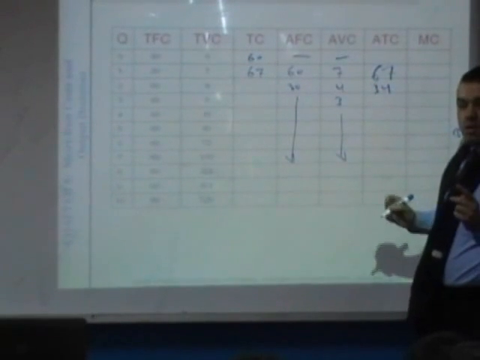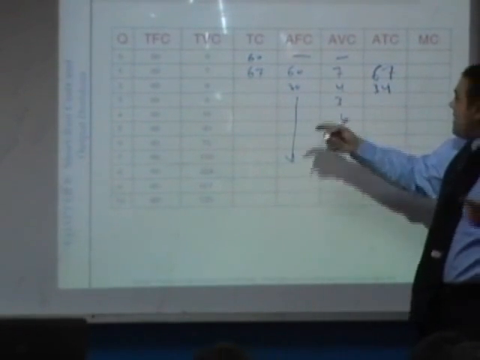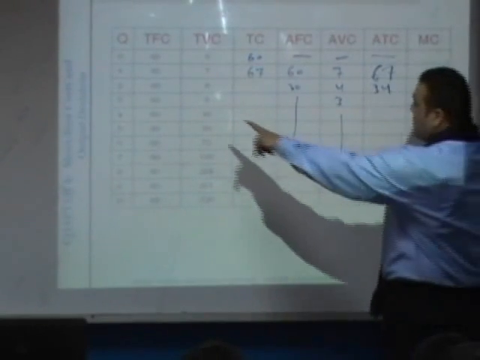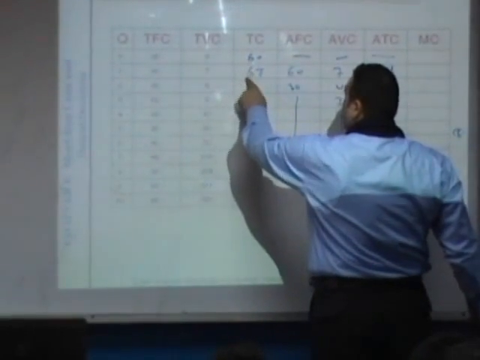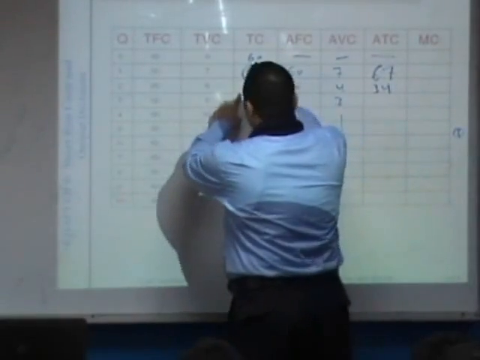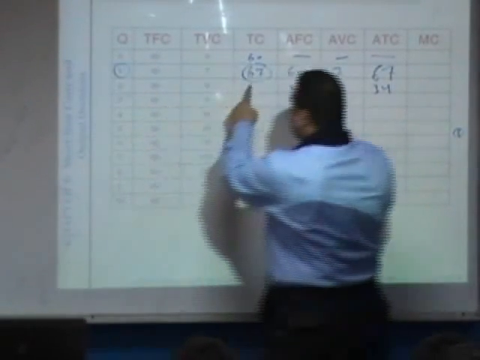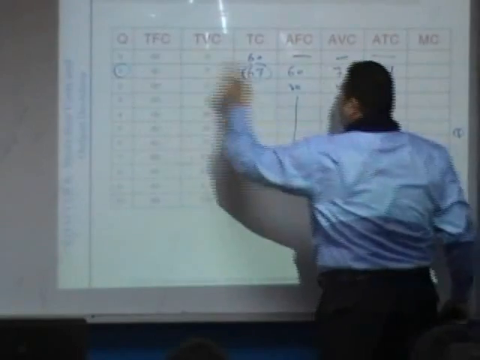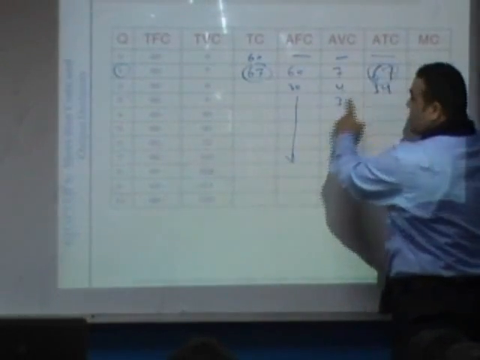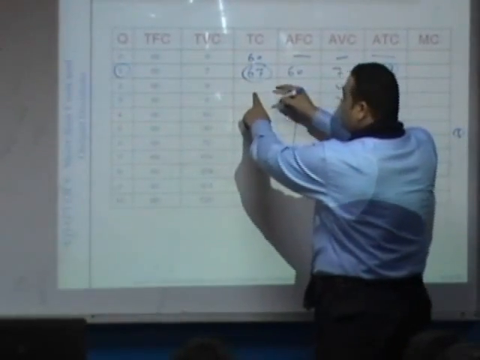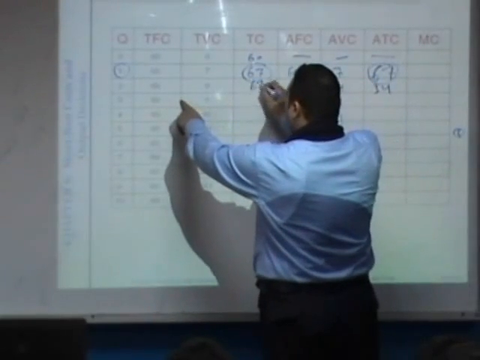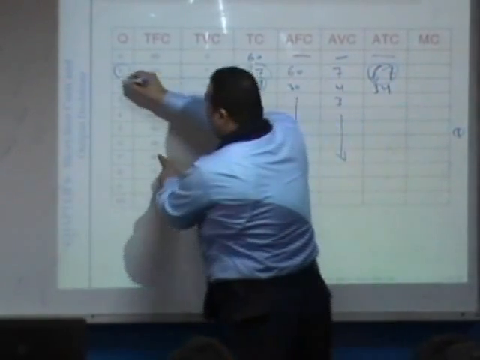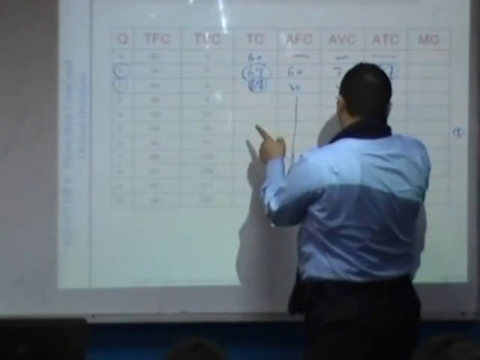Right? Let's use the other formula, TC over Q. In this case, 67 over 1 equals 67. In the second case, TC here is 68. 68 over 2 equals 34. The same result. Right? Okay?